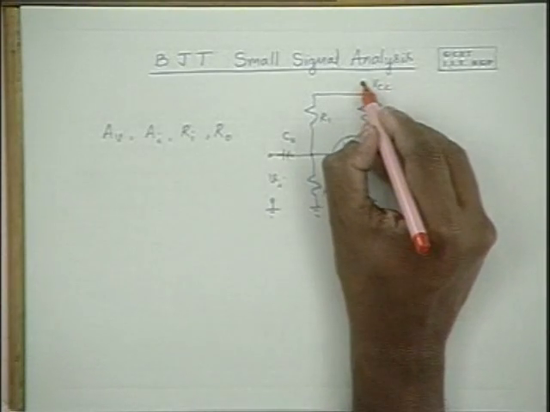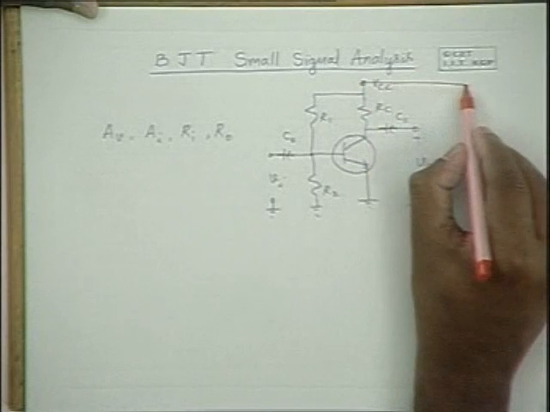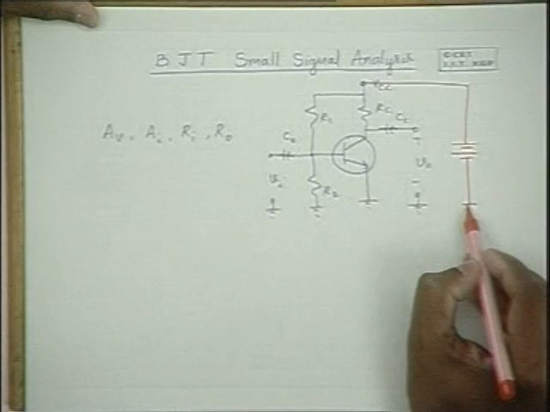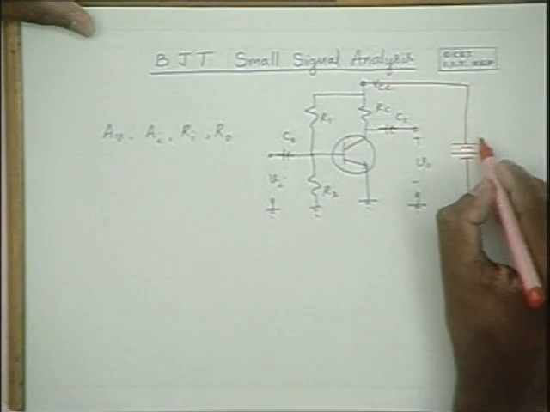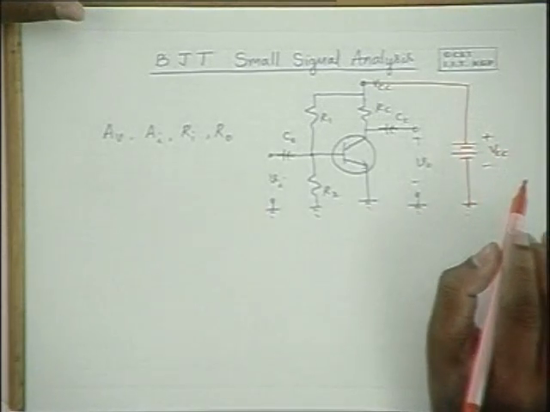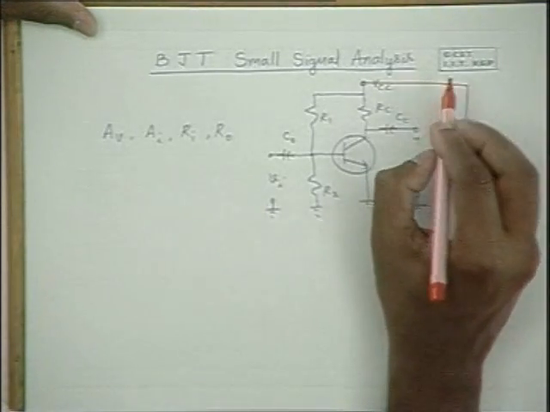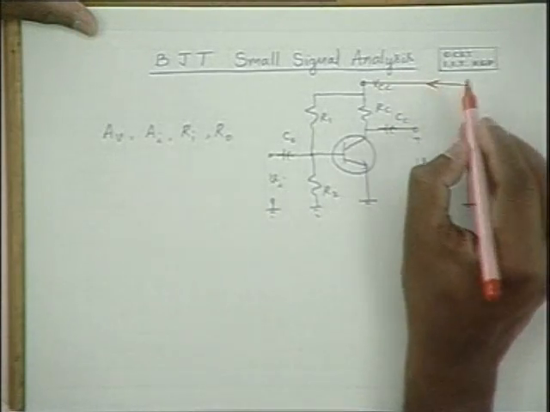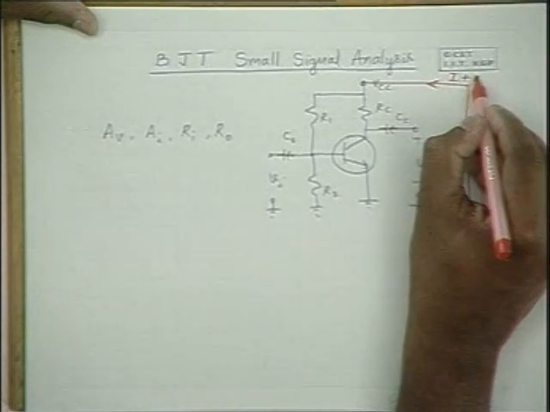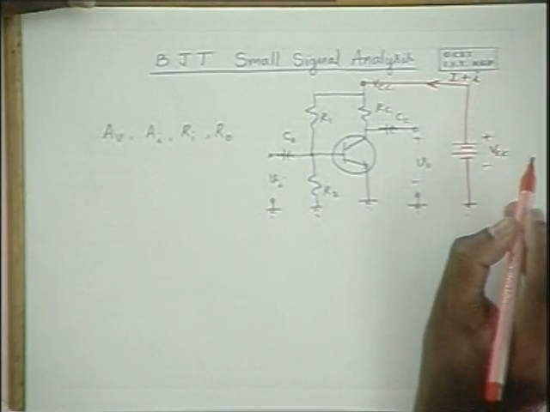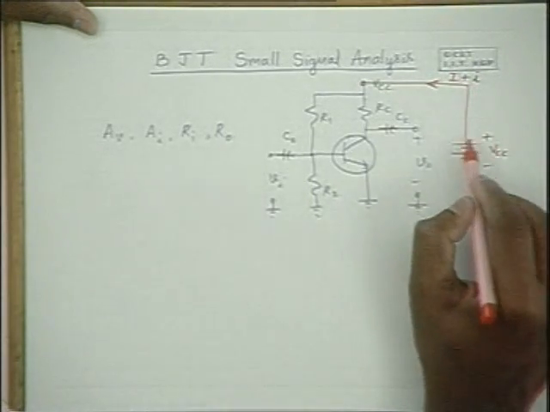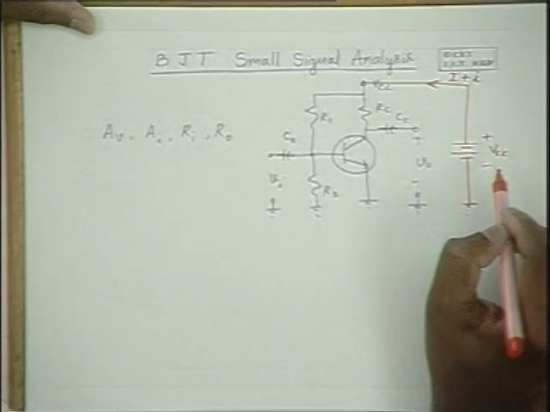And the supply, please note that the supply is a DC supply, and a DC supply means it can only have a DC voltage of VCC volts. When a current is passed through it, with a DC component and some alternating component, the alternating component does not create any additional DC voltage across it.